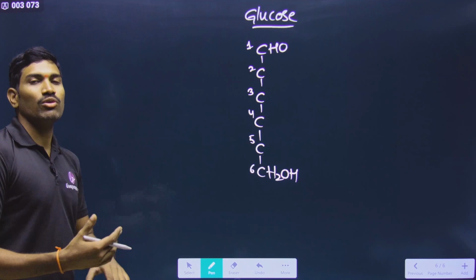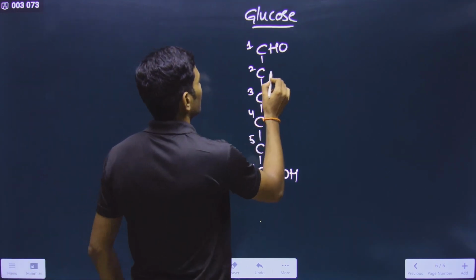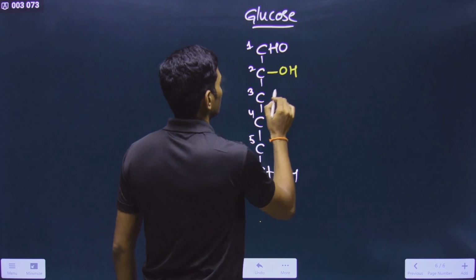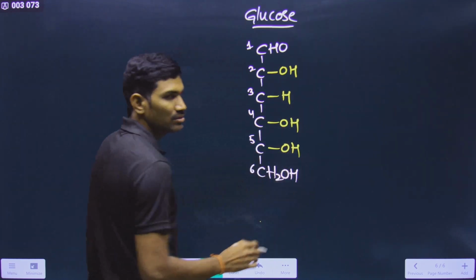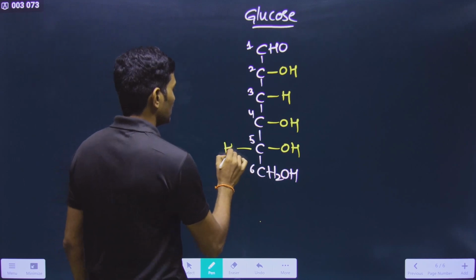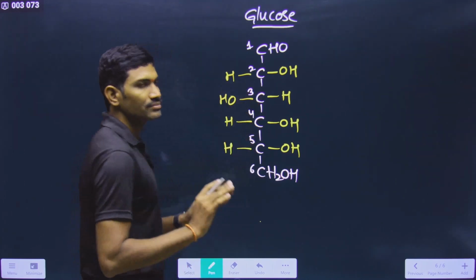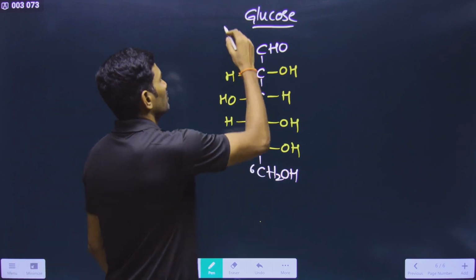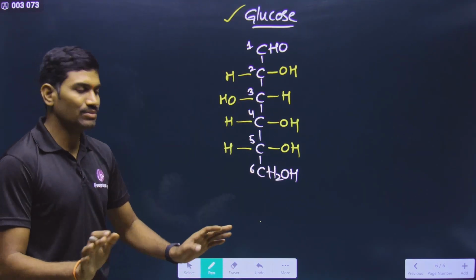Now you need to write OH and H. On which side OH is present, on which side H is present. Observe carefully. Here it is OH, here it is H, OH, OH. So now here it is H, H, OH and then H. That's it. This is the glucose structure. Clear? This is how the glucose structure is present.